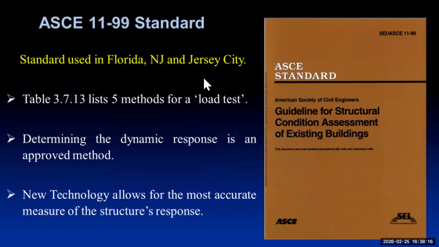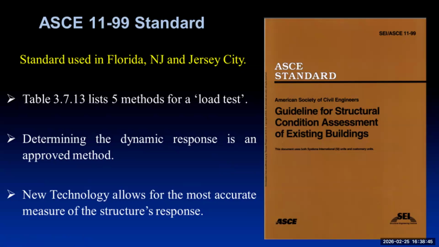So there's ASCE 11-99, which is being updated now. It was a good document, but it was not easy to read. ASCE 11-99 introduced the idea of a load test, and it went into detail about what was okay.